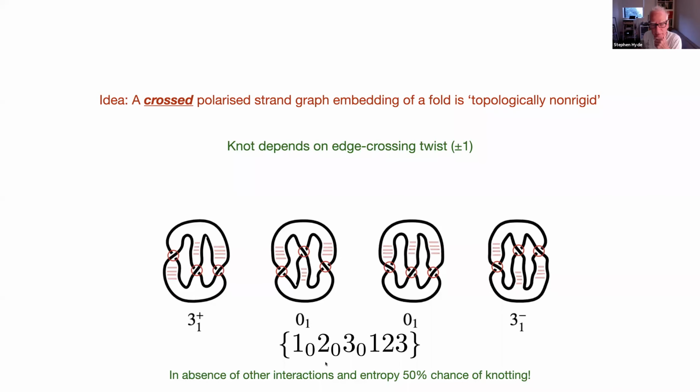So for example, if I had a fold here, 1 odd, 2 odd, 1, 1, 2, 1, 3, 1, I could make that crossing over or under in any possible way. And I could get all these different knots from the same fold. So one way to think about it is if those edge crossings were randomly distributed, they could be equally likely to be plus 1 or minus 1. Then I have 4 possible combinations. 2 of them are knotted, 2 of them are unknotted. So you could say there's really a 50% chance of knotting in that fold.